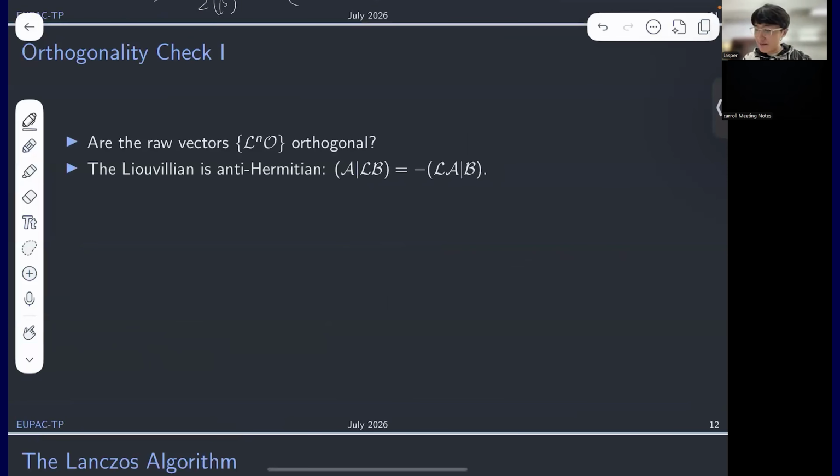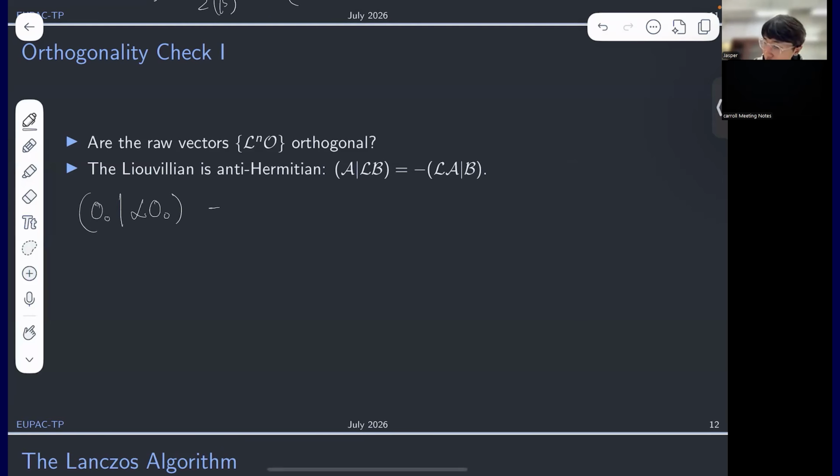So let's see. We have our original operator. Let's see if this is orthogonal to our next operator, which is the Liouvillean operating on our original operator.